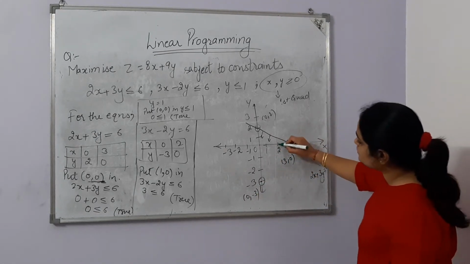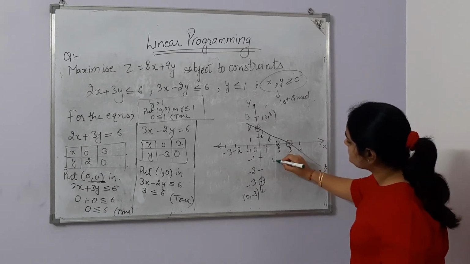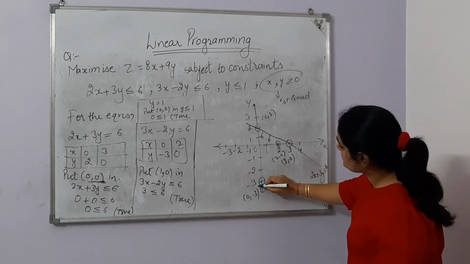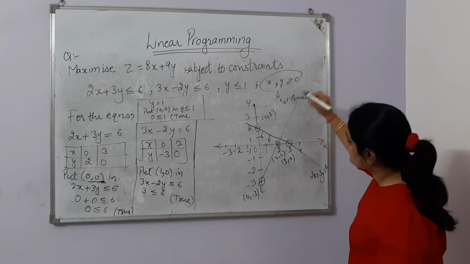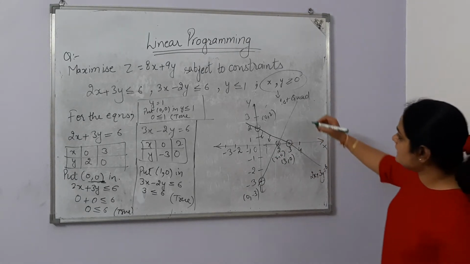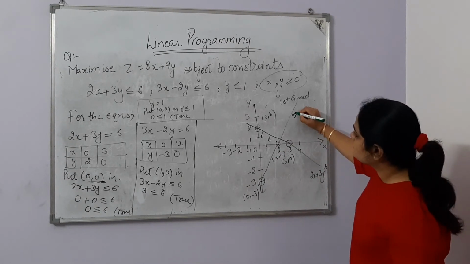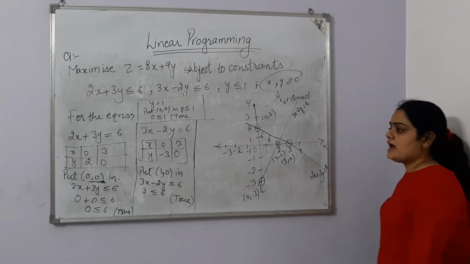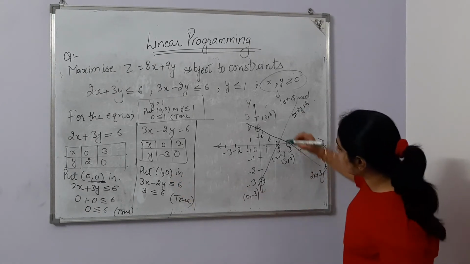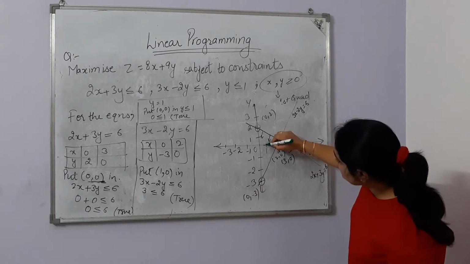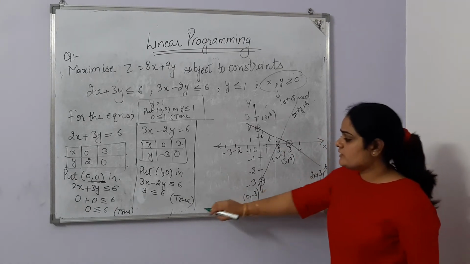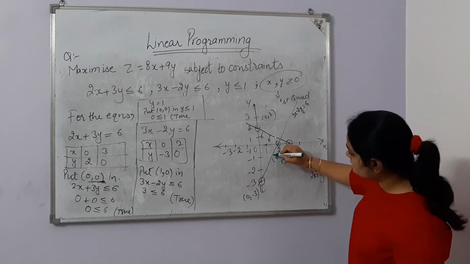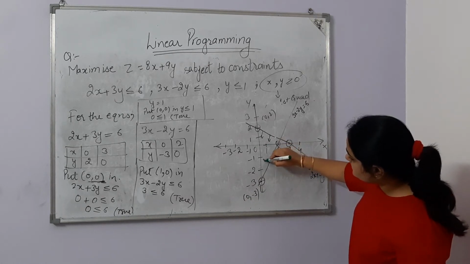Another is 2, 0. This is the line, and the line's equation is 3x minus 2y equals 6. We have taken 1, 0. This is your 1, 0 point, and the condition is true. That means the shading is towards this point.